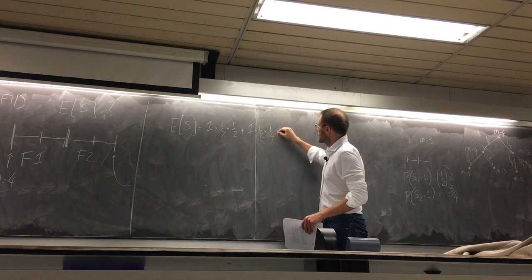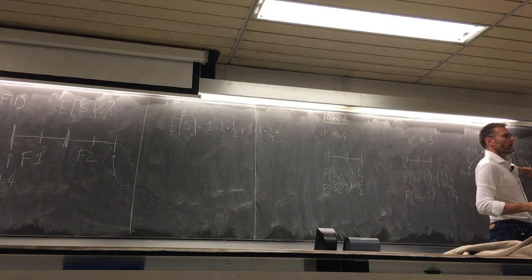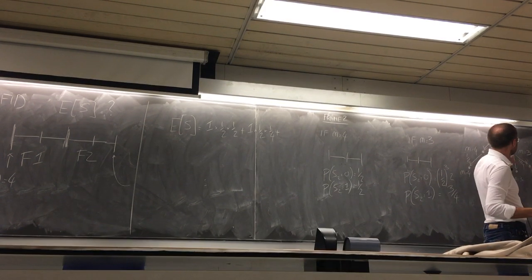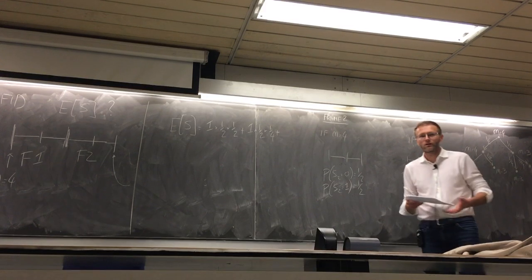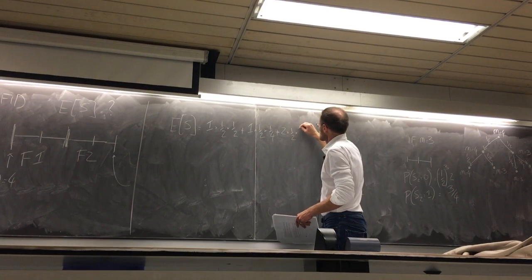And then in the best case possible, I take this path here and I end up solving 2 tags, which happens with probability 1/2 times 3/4. So it's 2 times 1/2 times 3/4.